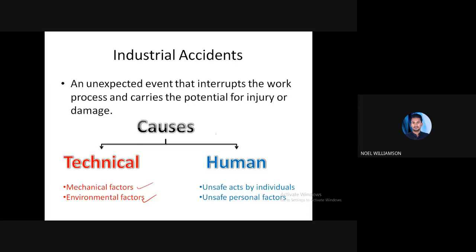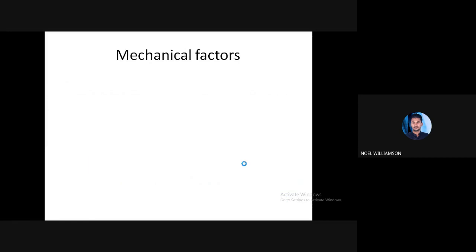Now we'll move to the human causes. The causes of accidents mainly due to human activities, whether by the unsafe acts of the individual or due to his personal factors. So one by one we will see. The first one, unsafe acts by the individuals.